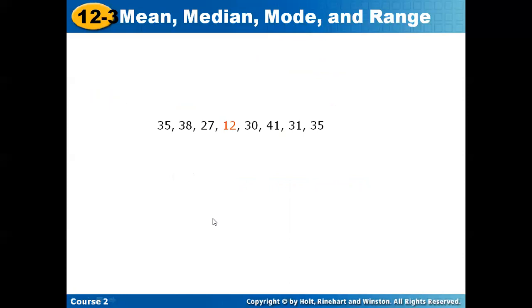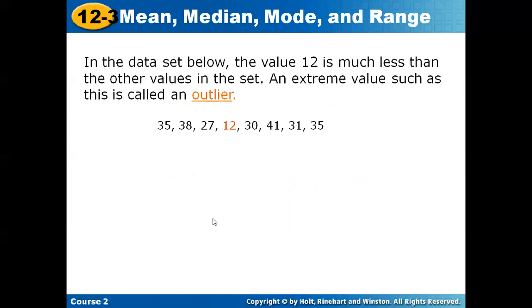In the data set 35, 38, 27, 12, 30, 41, 31, and 35, the value 12 is much less than the other values in the set. An extreme value such as this is called an outlier. That number can be too far from the other numbers, either much less or much greater.